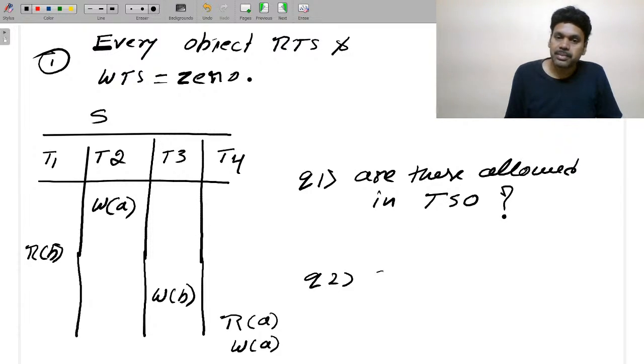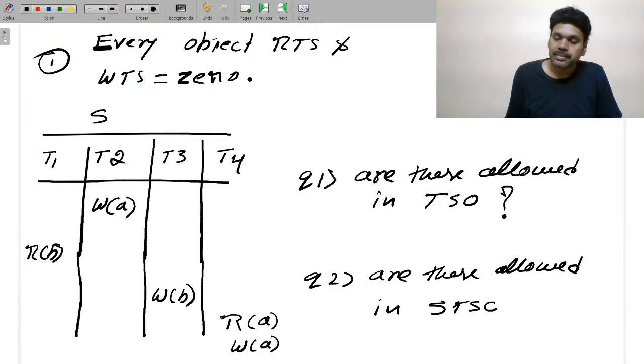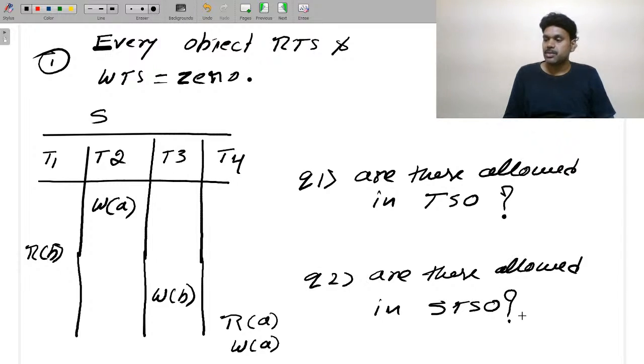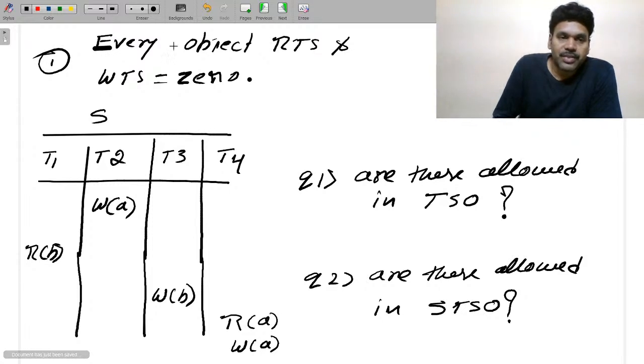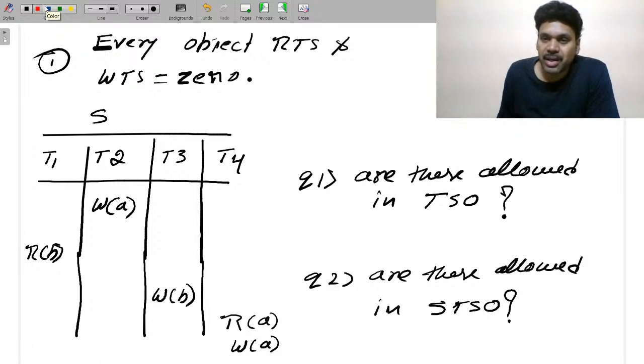Question number 2. Are these allowed in STSO? Just answer my question. Question number 1, yes or no?